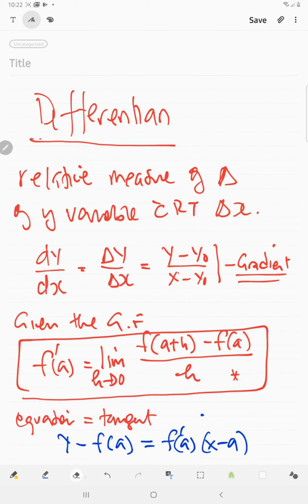Now, on the other point, we can say that if we have a derivative of a function, for example, let's assume I want to find the derivative of a function f of x, which is equal to x to the power 3.